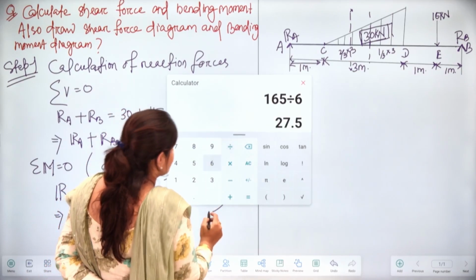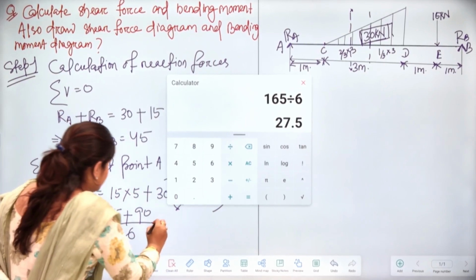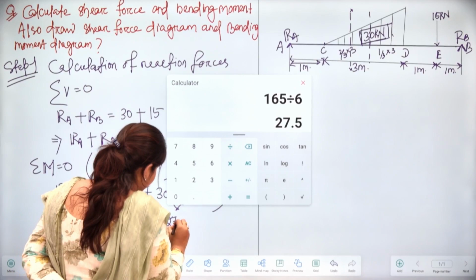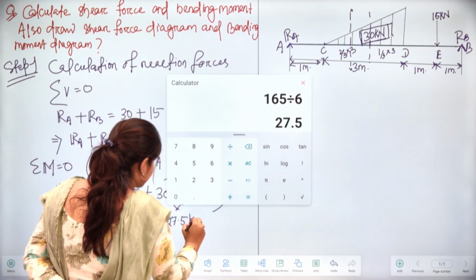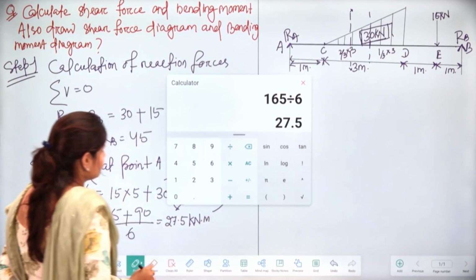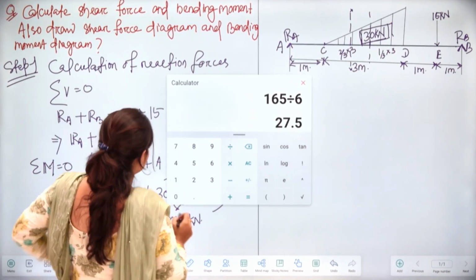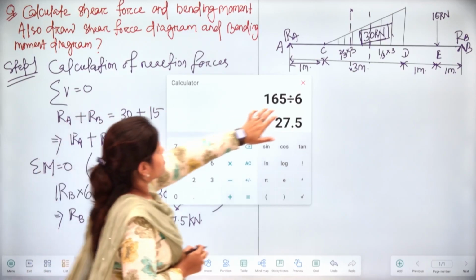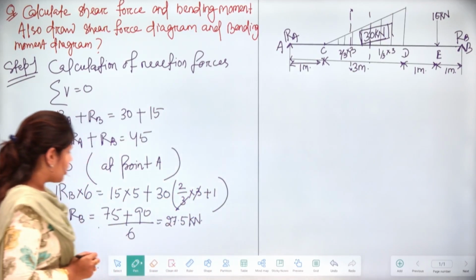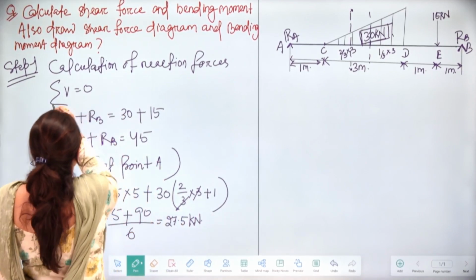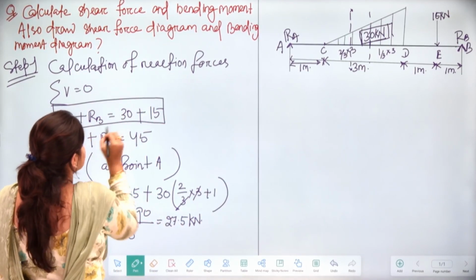Here we will have RB as 27.5 kilonewton. RB is also our reaction force. So here RB is 27.5. We know that RA plus RB is 45.